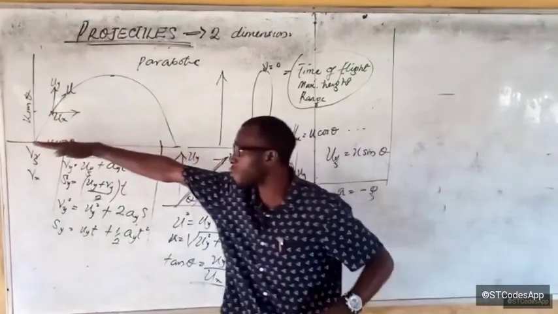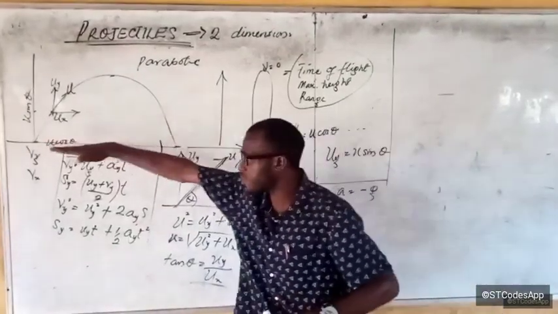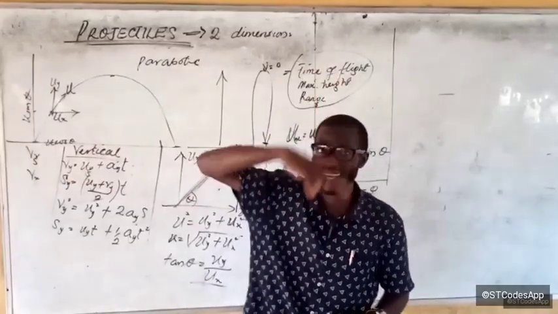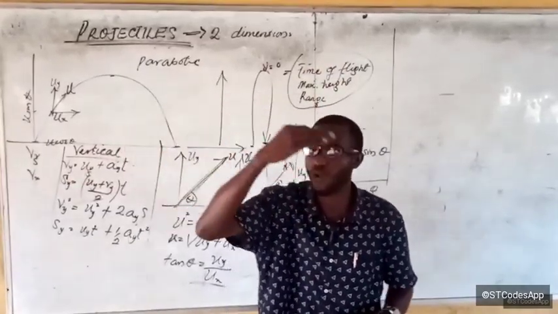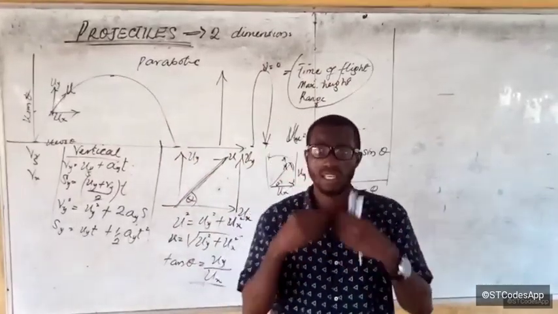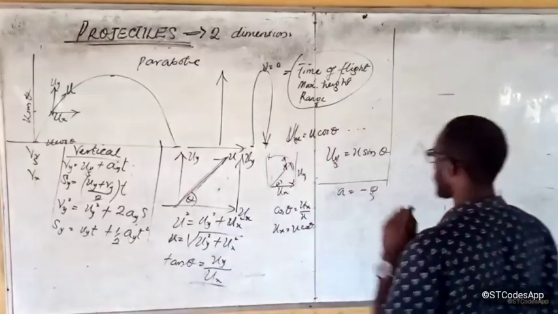So when we are considering the x component, on this plane, our a is going to be 0. When we discuss maximum range, our a will be what? 0. All right. So what does this tell us?